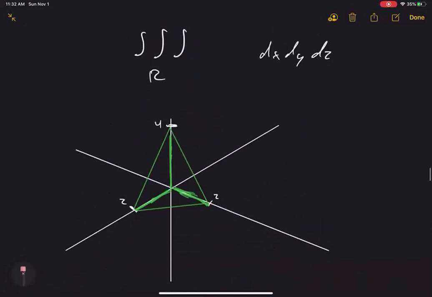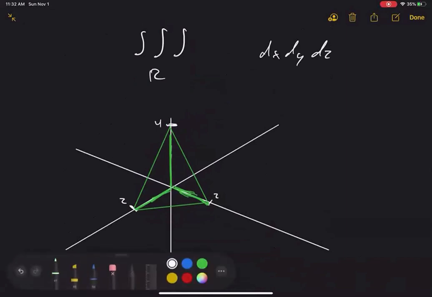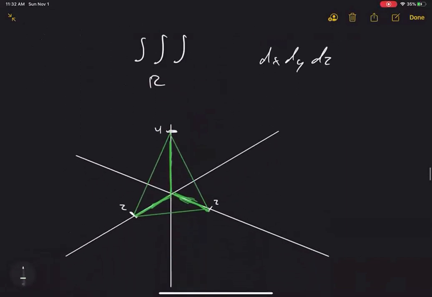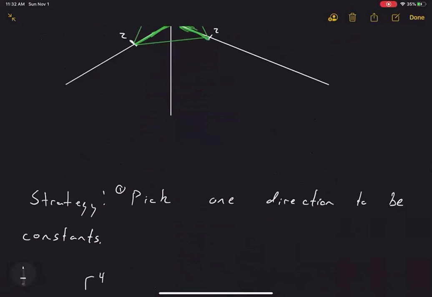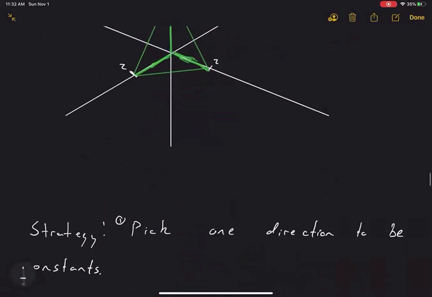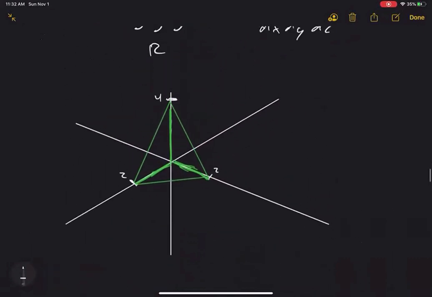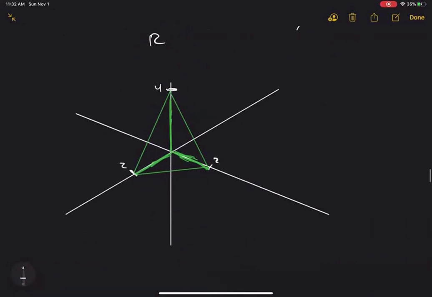So I need to set up my integral and figure out my bounds. How do you do this? Maybe this was hard for you in 2 dimensions, and now we're doing it in 3 dimensions. So here's the strategy. You're going to pick one direction to be your constants. In this example we have a couple of choices, and one is probably no better than the others.